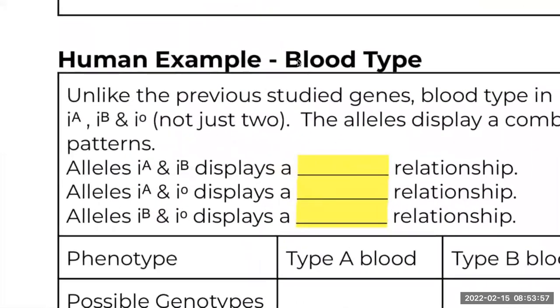Now, remember the I represents antigen on the red blood cell, so that's like the gene. And then the little subscripts are the different variations of the alleles for that gene. So unlike before where we just studied 2 different types of alleles, we actually have 3 alleles that control blood type.